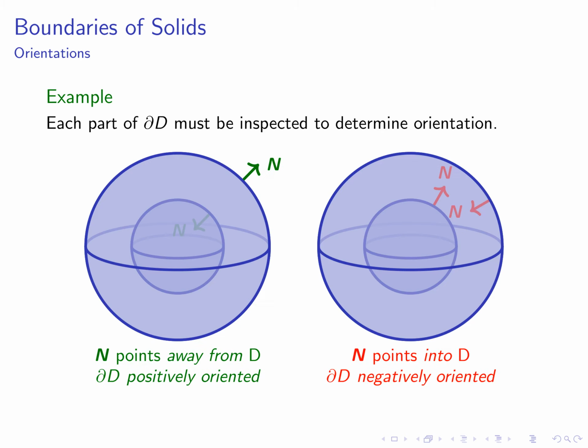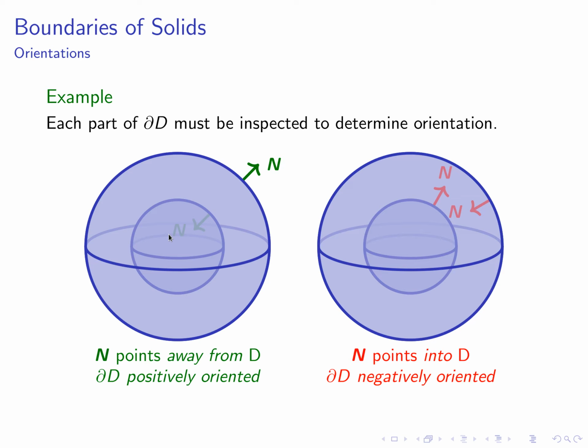And just like with examples we've done before, we need to look at every part of the boundary of a domain to determine orientation. In the figure on the left here, we're looking at a domain that's in between 2 spheres. So our domain has 2 shells: an outer shell and an inner shell.